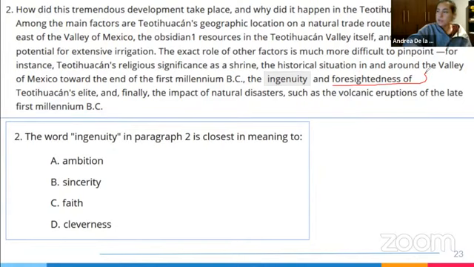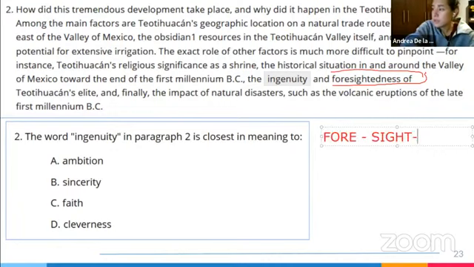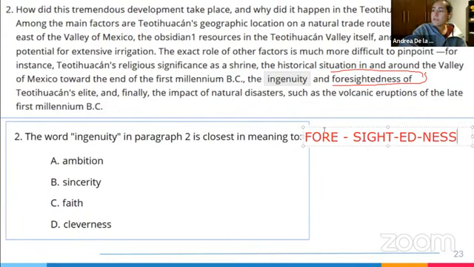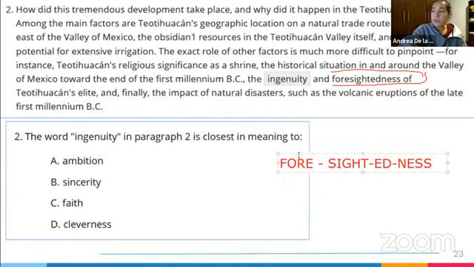Does anybody know what foresightedness means? And actually, guys, this is totally related to what I was telling you. Prefixes, suffixes, word roots. For, sight, ed, ness. You have a prefix, you have a root, and two suffixes.